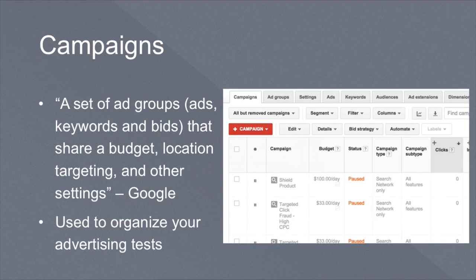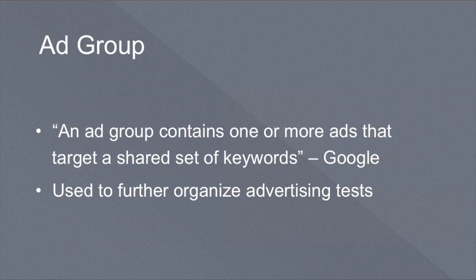More important than a campaign is an ad group, and it's, to my mind, one of the most misunderstood features of AdWords. An ad group, according to Google again, contains one or more ads that target a shared set of keywords. Think about this, the language is really important.